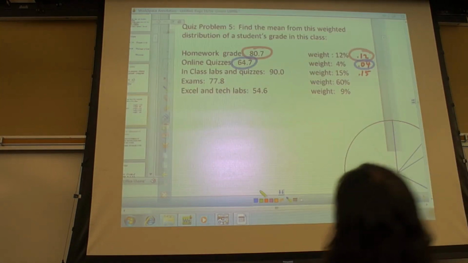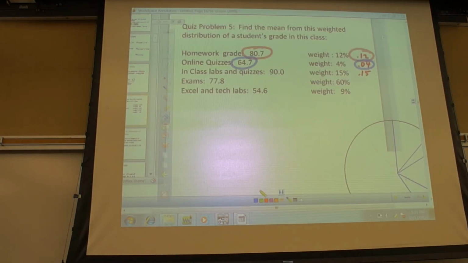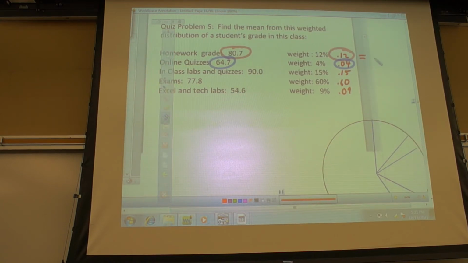All right, so let's take a look at this one. So here I have 60% is 0.60, 9% is 0.09, and I'm going to multiply these. So 80 times 0.12, what do you guys get for that? 9.684. Next one? 2.588. Next one? 13.5.